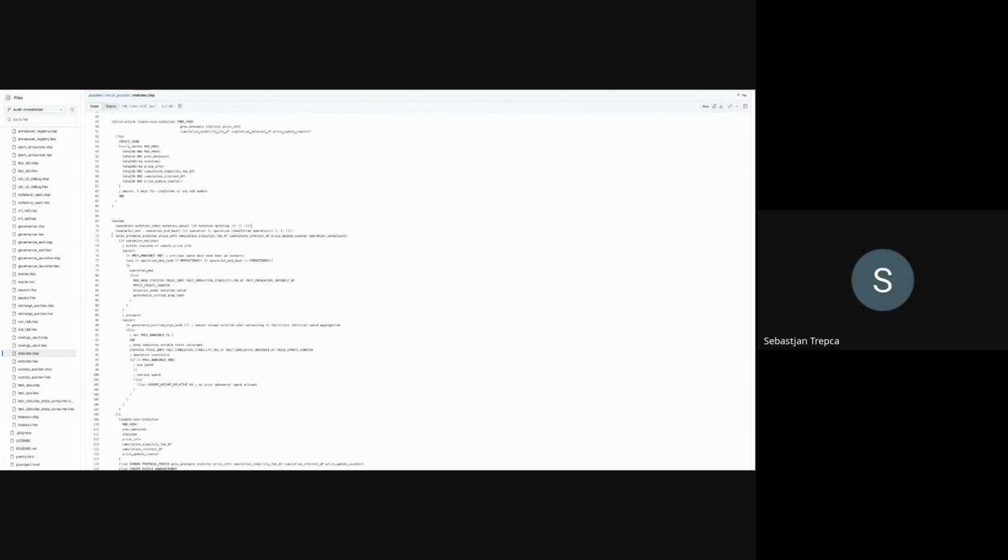Here we try to get the operation, if there is one. We hash the operation and then check if this operation is actually part of the operations that this coin supports.